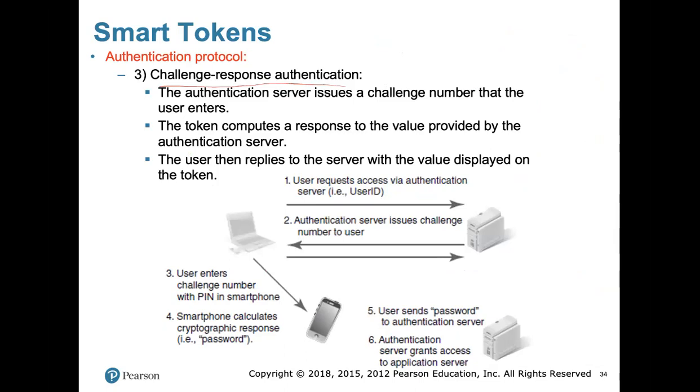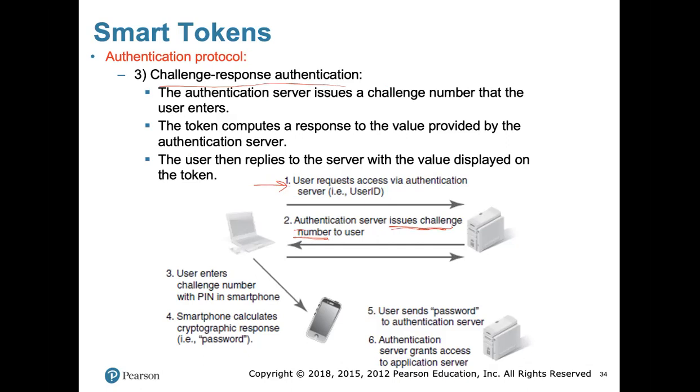This figure shows the different steps. Let's go through the figure. In the first step, the user requests access to some services from the authentication server, and the authentication server issues some challenge, which is basically some data. It returns some data, and that data is just a number, for example.